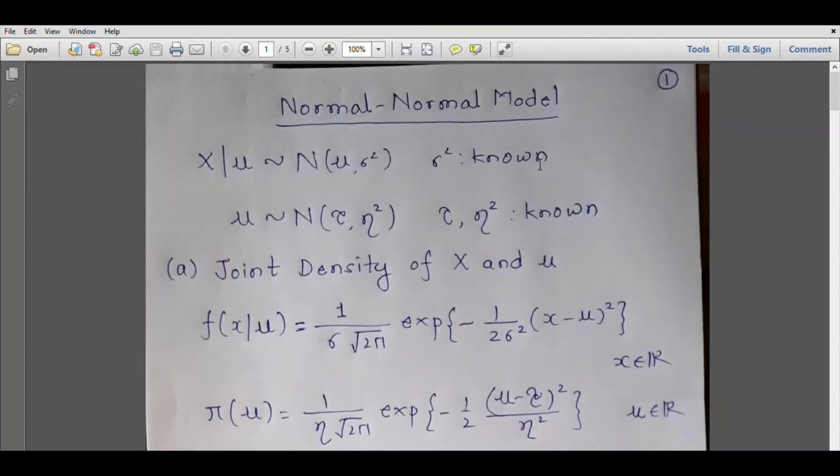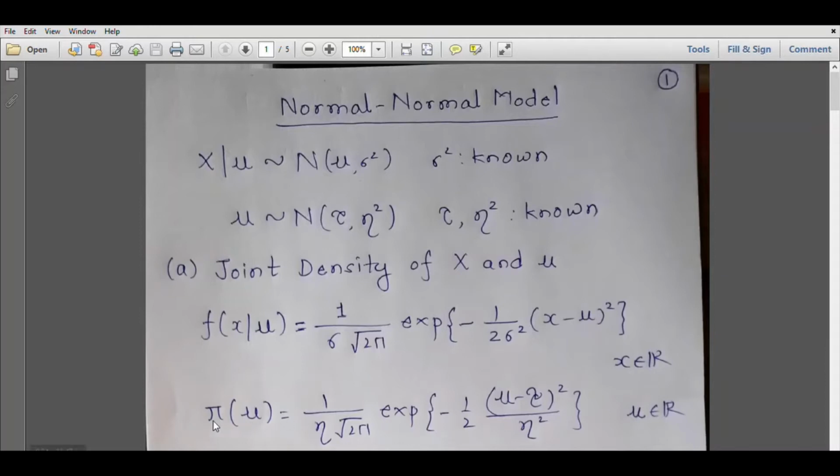So now let us proceed towards the computation of posterior distribution of mu. Let us see how it can be done. So let us first compute joint density of x and mu. So the PDF of x given mu will be like this, which is a PDF of normal distribution with mean mu and variance sigma square.